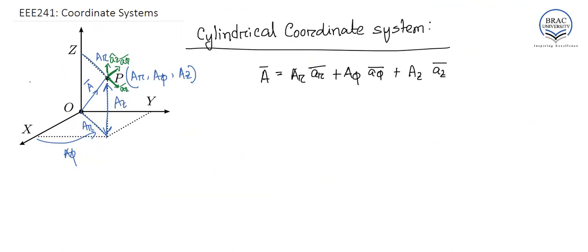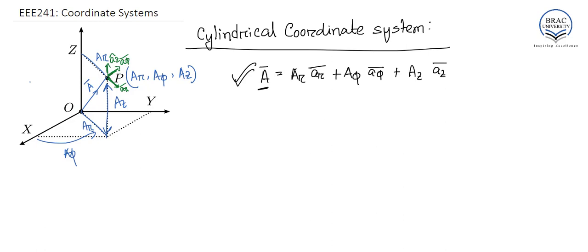Just as in the Cartesian system, in the cylindrical coordinate system we can write the r, phi, and z components as AR, A phi, and AZ of a 3D vector A. The A vector here is the OP vector, so the coordinates of P can be written as AR, A phi, and AZ, to denote the A vector in 3D space.